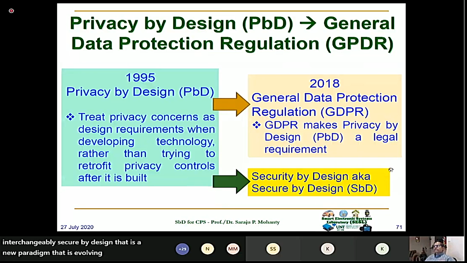So how did that originate? Actually, privacy by design originated first, because that is how it came from the community. And you might be aware of the General Data Protection Regulation, GDPR, that the European Union put together in 2018. As a result, we did a lot of things, as far as I remember.